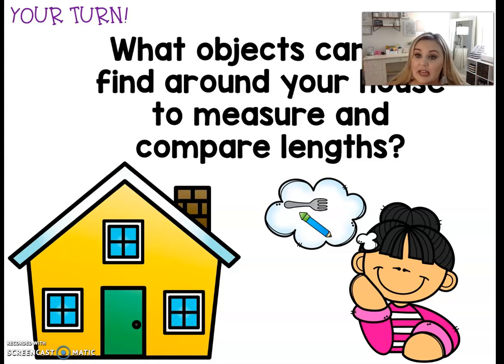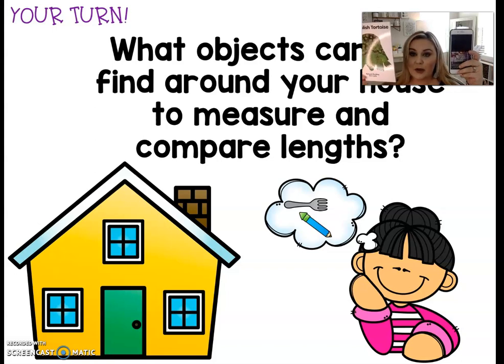Maybe you have stuffed animals and you can line your stuffed animals up to see how long your couch is or how long a table is. That would be fun. So I want you to find 3 items that you can measure, and then I want you to compare the lengths of 3 different items. So you can find different items around your house. Maybe you're going to find a book and a phone.